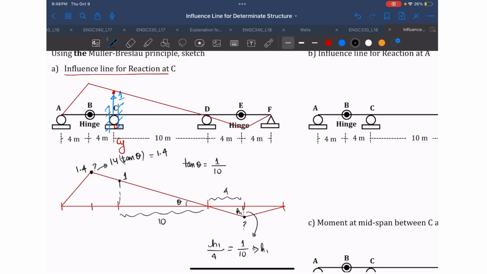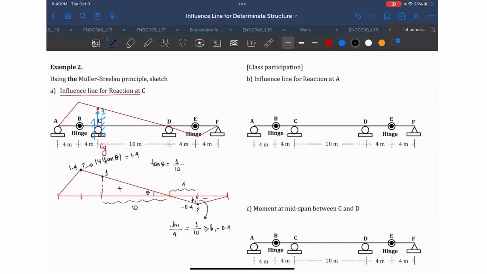So h1 will be equal to 0.4, but here I will put minus 0.4 because anything below the initial beam structure will be negative, and anything above will be positive. Okay, so you find all the values of the points.